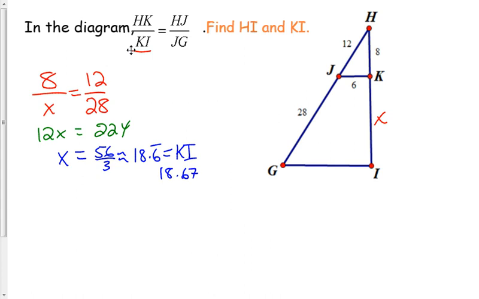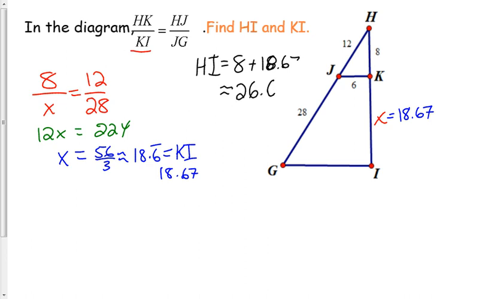It also said to find HI, so we know that this was 18.67. Now to find HI, it is simply the whole length, so HI is going to be 8 plus 18.67, which would be 26.67.